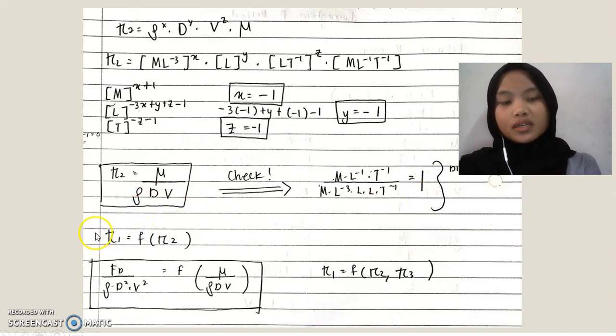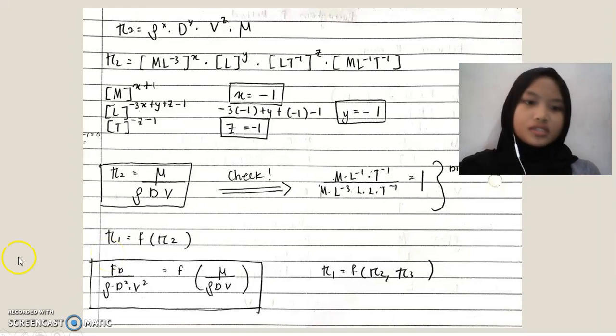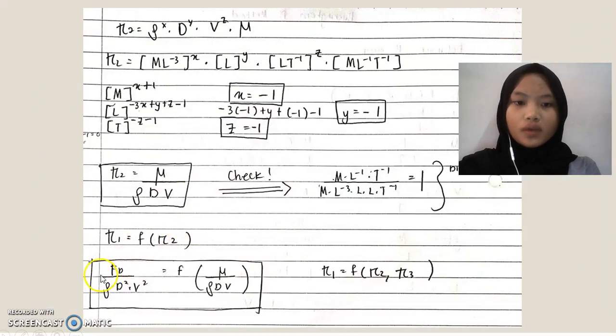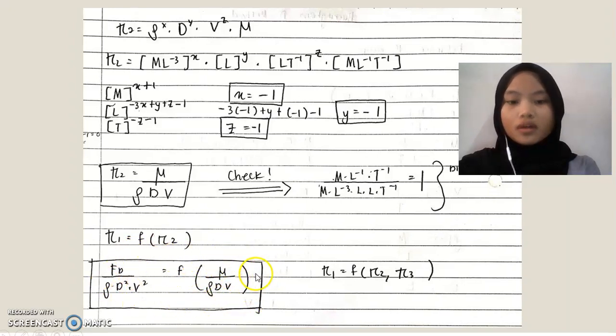So this is how we arrange the formula: the first pi group equals f of the second pi group. The first pi group we found before is F_D over rho d squared v squared. So equals f, we put f here, and the second pi group here, so mu over rho d v. So we got here the final form for our Buckingham's pi method.